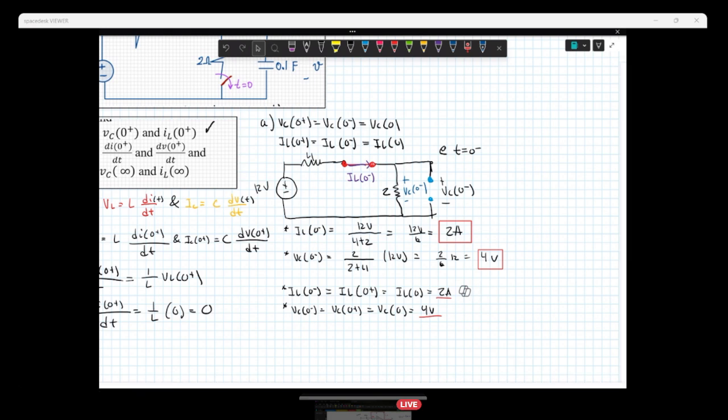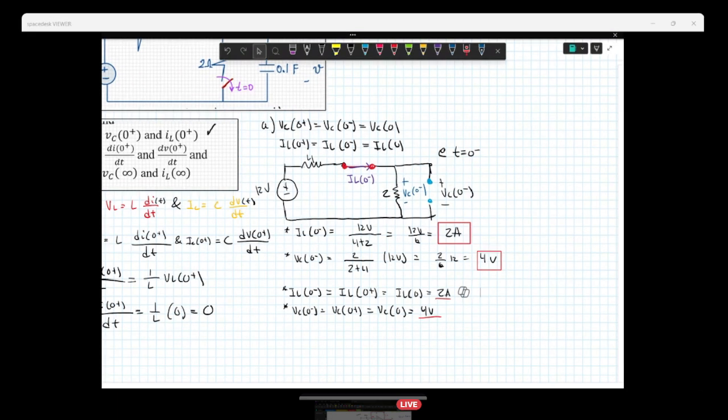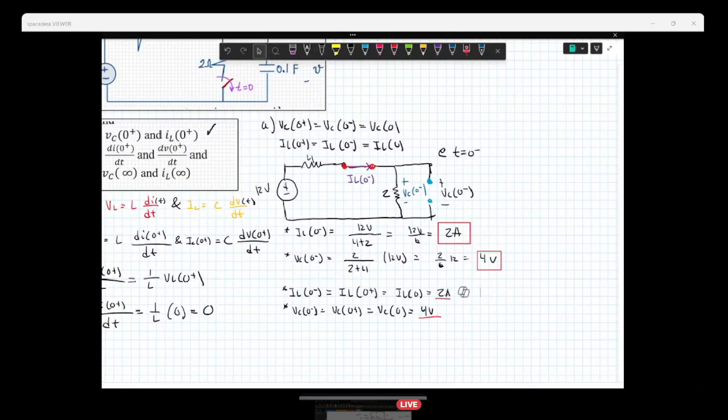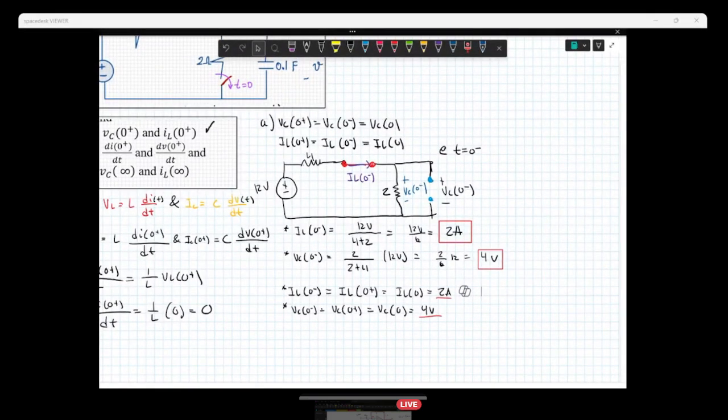L di/dt. Or wait, that's my old notes. dVC, not the di/dt.